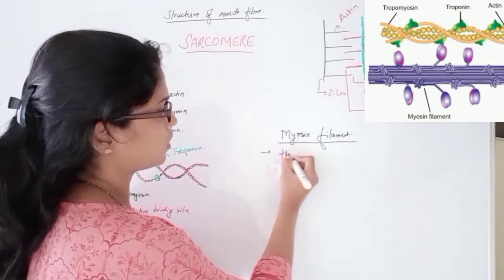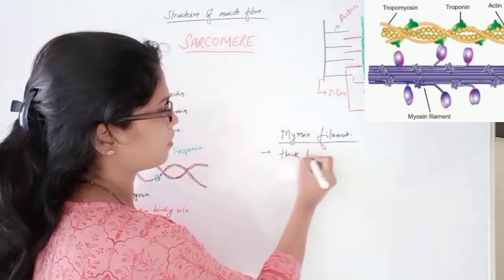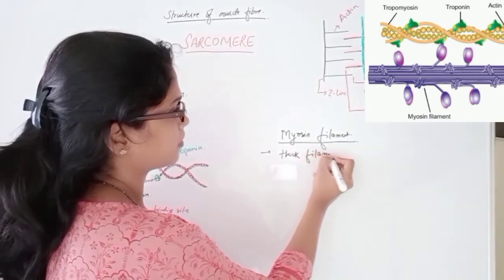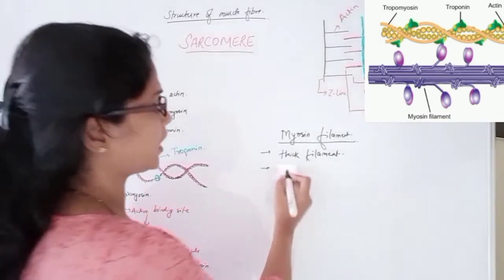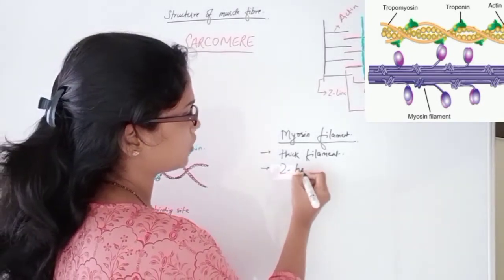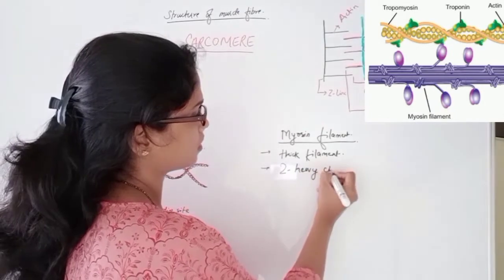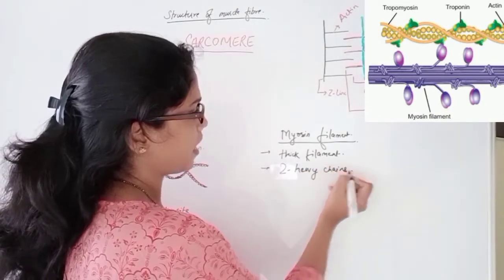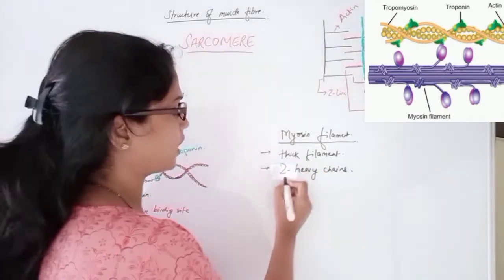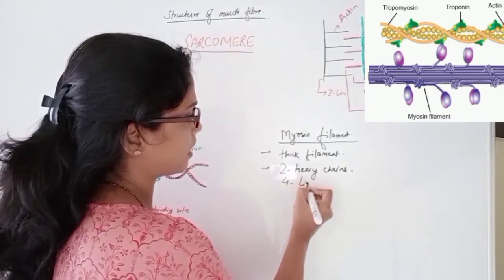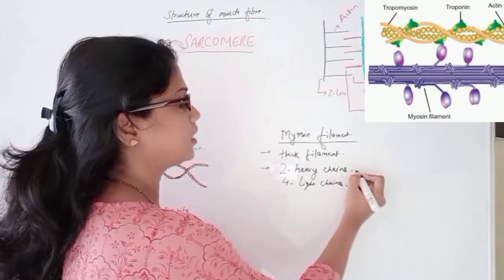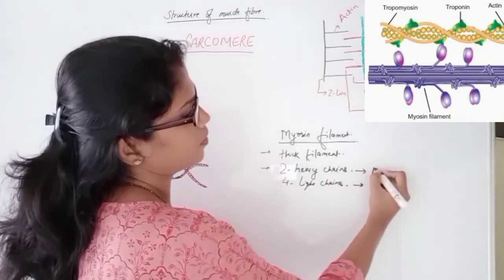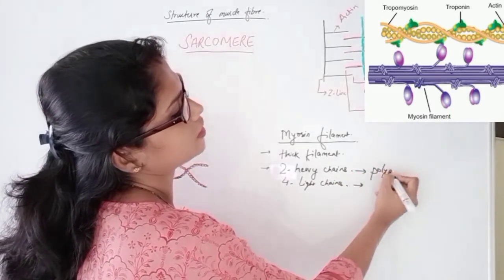So it's a thick filament because it is made up of 2 heavy chains and 4 light chains, and these chains are made up of polypeptide.